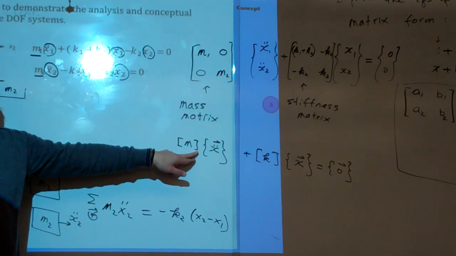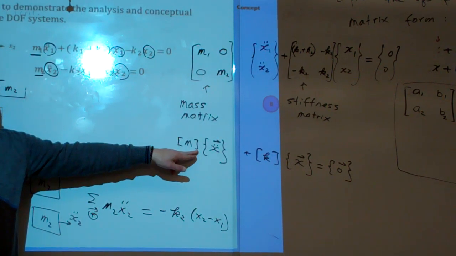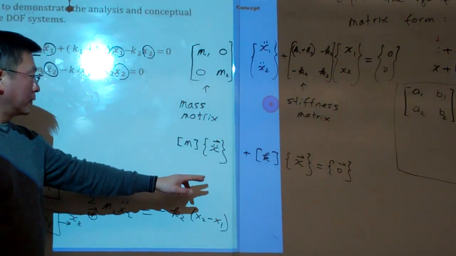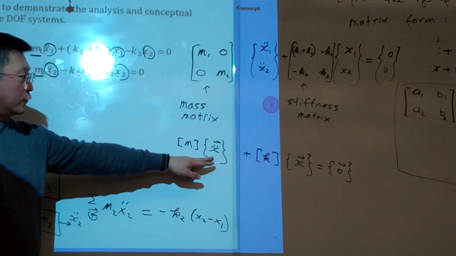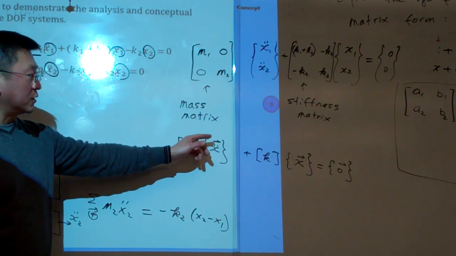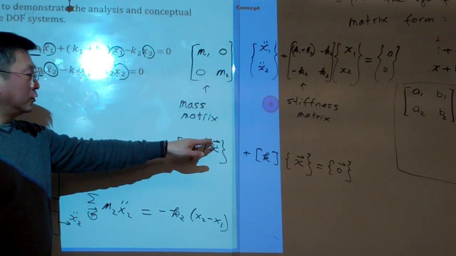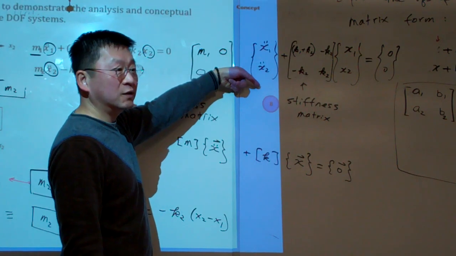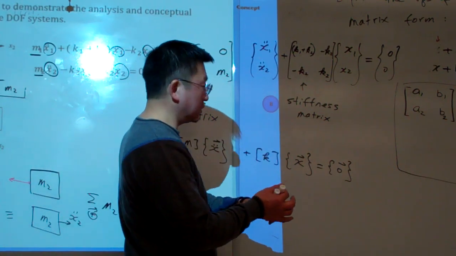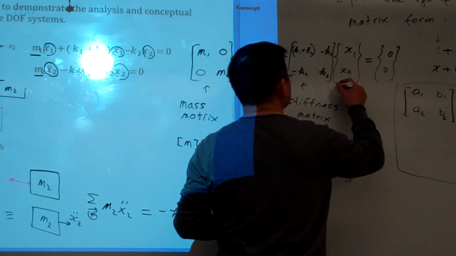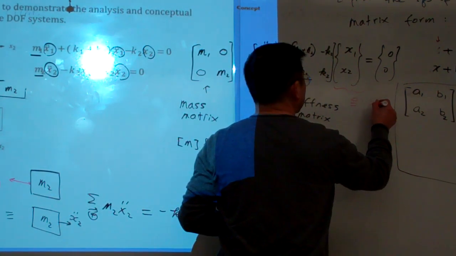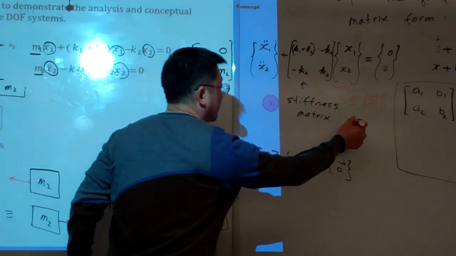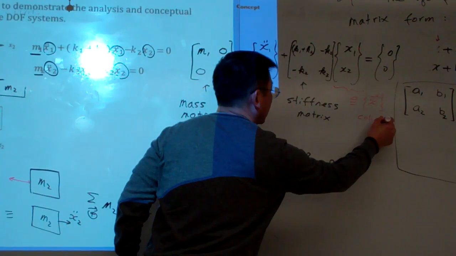For 3 degrees of freedom, the mass matrix is 3 by 3, etc. Similarly for k. And for the degrees of freedom acceleration, they use the top arrow to indicate that it is a vector. Basically, this is a vector composed of the degrees of freedom here. So, for example, here we simply define this one as the degrees of freedom in vector form. This is a column vector.